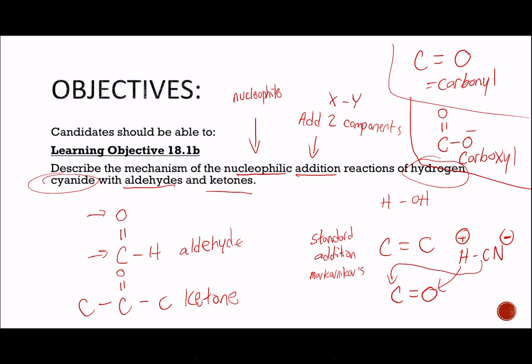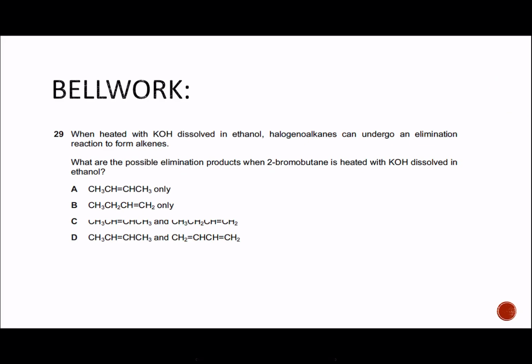And that is because positives are attracted to negatives and negatives are attracted to positives. And this would be partially positive and partially negative due to electronegativity. All right, so let's go ahead and get started.